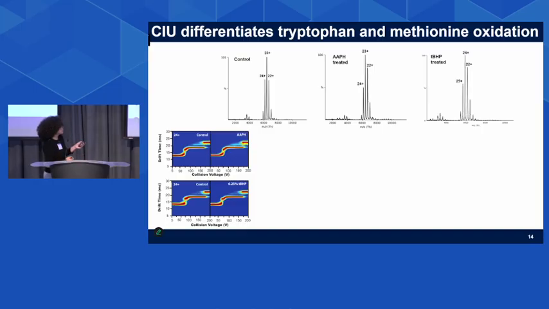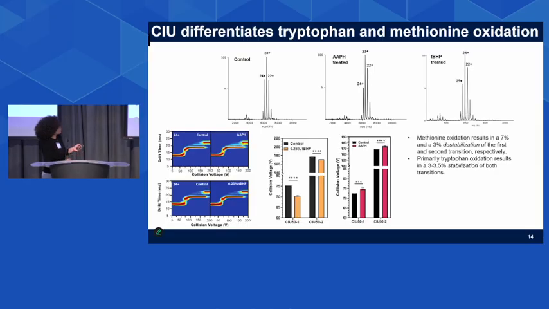However, by performing an analysis in a similar manner, we were able to see that for our tryptophan oxidized molecules, we saw an increase in both the CIU50 1 and 2, so it seemed to have an increase in the gas phase stability, while methionine oxidation resulted in a decreased gas phase stability in both transitions as well.